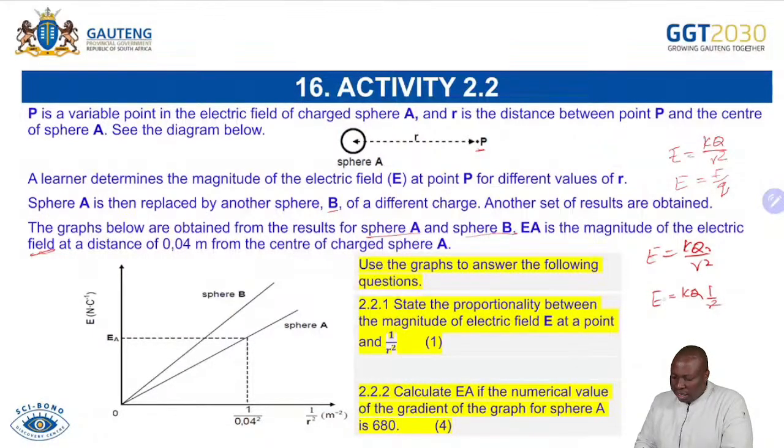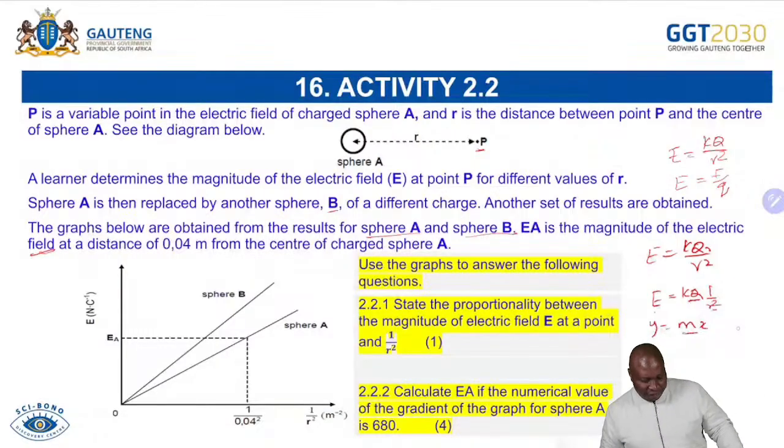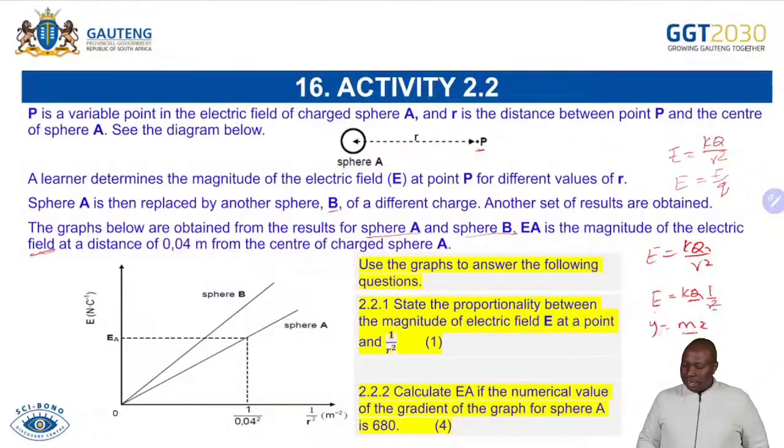So you can see that this is your Y, this is your M, this is your X. Our gradient here is KQ, because on our x-axis we have 1 over R squared, and on our y-axis we have E. So this is the graph of Y equals MX. Our C is 0 there, there's no C. So you can see that this is a straight line, and you can see the relationship that this is directly proportional.